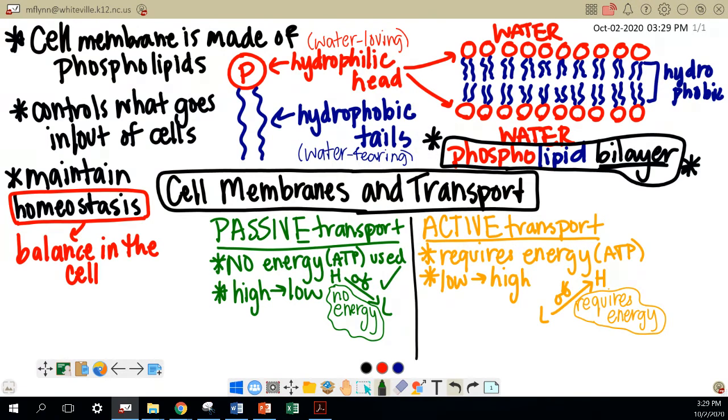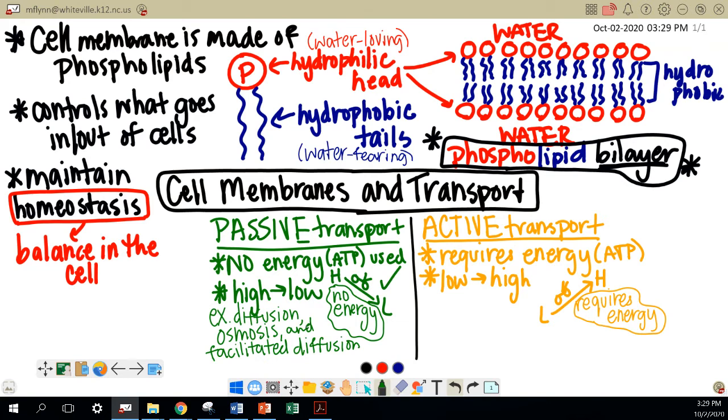Examples of passive transport: we have diffusion, and then we have osmosis, and facilitated diffusion. So the examples are osmosis, diffusion, and facilitated diffusion.